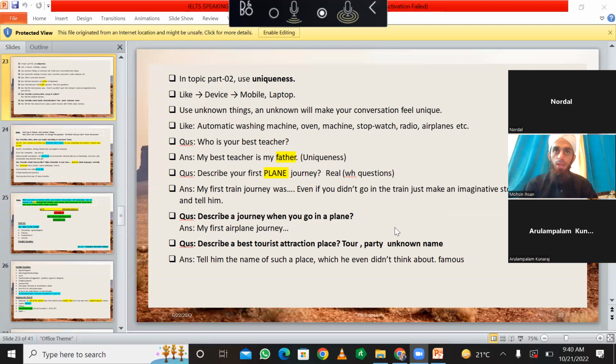Instead, you can say that you taught a practical life skill like driving, how to fix a switchboard, how to cook Italian pizza or other dishes, or that you taught ethics and good character. When you use such unique answers, it is going to impress the examiner a lot.